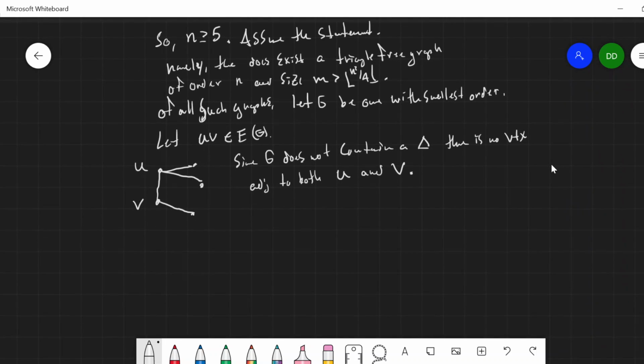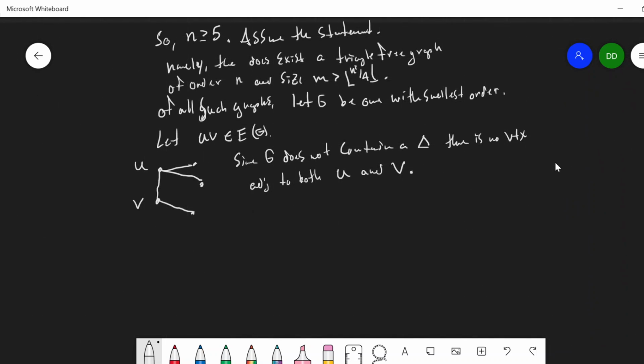Now I want to say something here about how big the degree of u and v could possibly be. So what I'll do here is add up these degrees. There could be other vertices here in the graph. I'll focus on these vertices over here, and I want to count these.